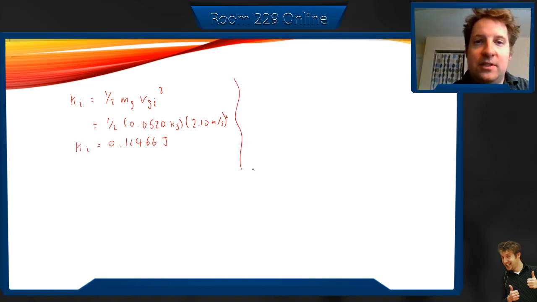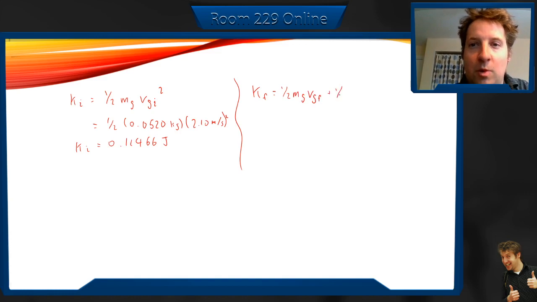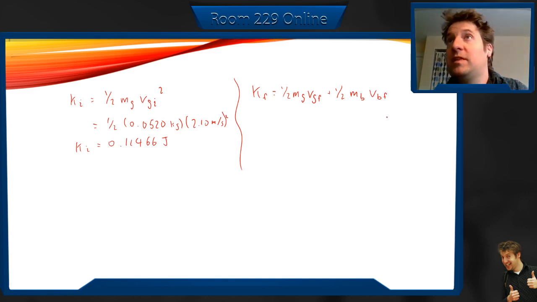Let's now go and do the same thing for afterwards. My kinetic energy after the collision happens is going to be 1/2 the mass of the golf ball, velocity of the golf ball afterwards, plus 1/2 the mass of the billiards ball, velocity of the billiards ball afterwards. That's why we did that thing with the momentum.